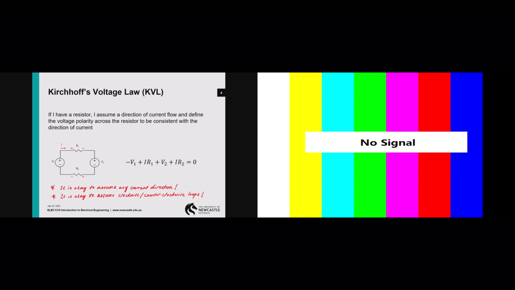Based upon the current direction that you assume, right? Remember what I mentioned? When you're looking at a load, current must enter through its positive terminal. So we assign a positive here, okay?